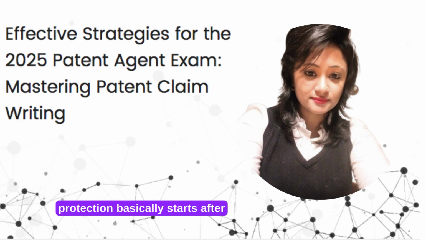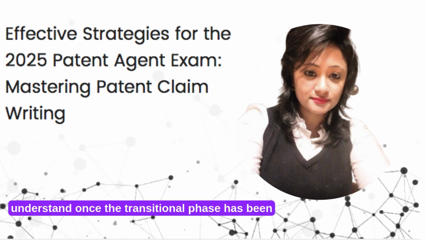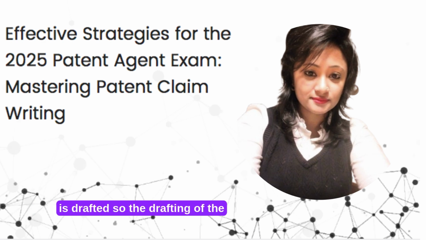The protection basically starts after the transitional phase. Once the transitional phase has been written, the body of the patent claim is drafted. The drafting of the body decides the fate or the ambit of the innovation, in terms of any third party infringement in the near future.